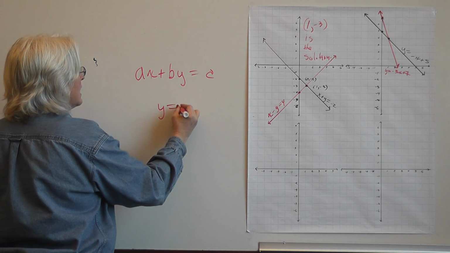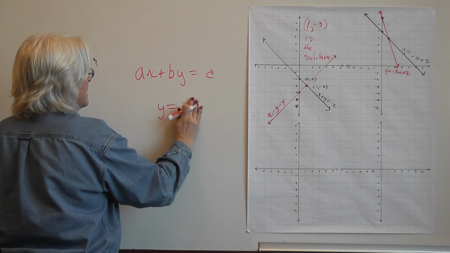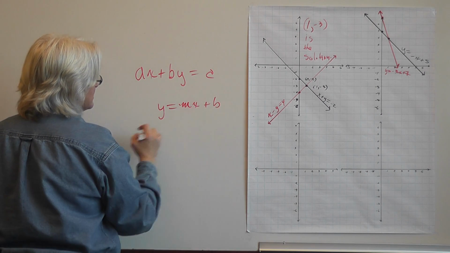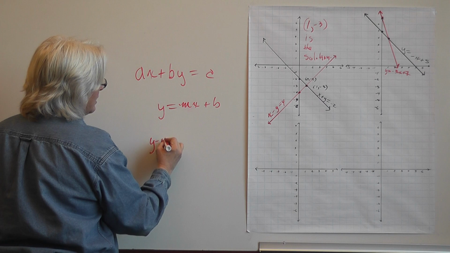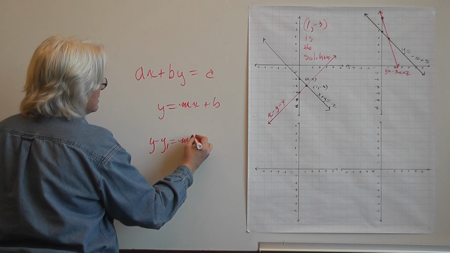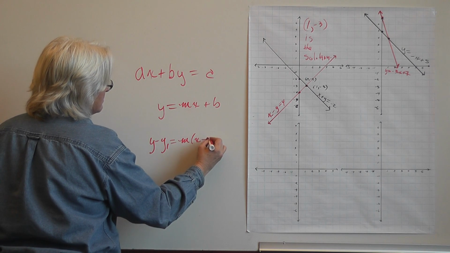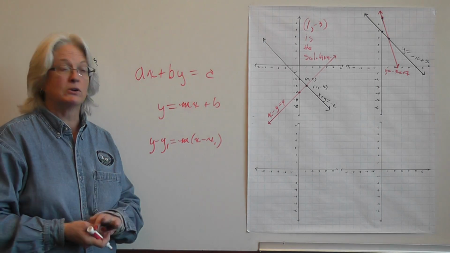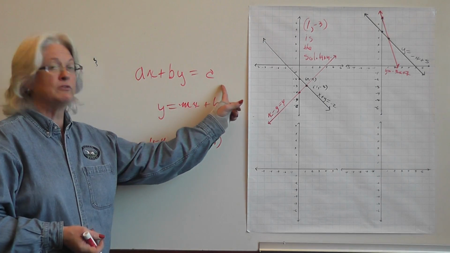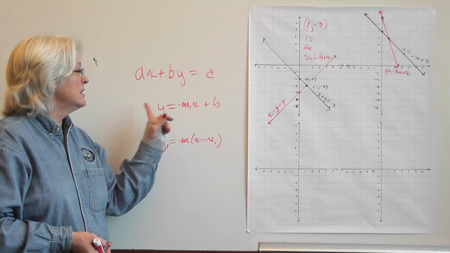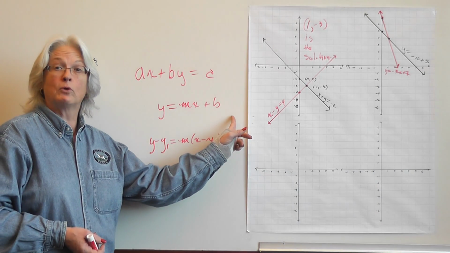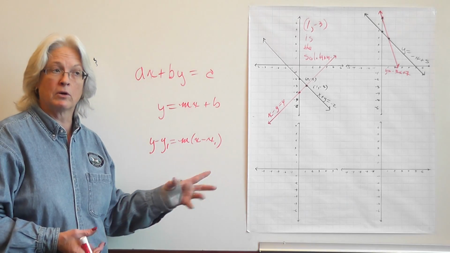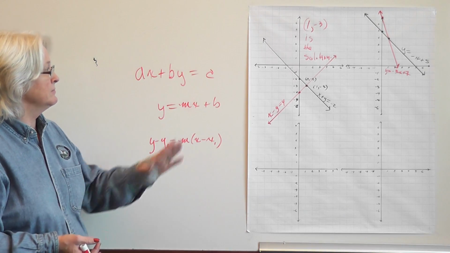You have y is equal to mx plus b, which is the slope-intercept form. You have y minus y sub 1 is m times x minus x sub 1. This is the point-slope form of the equation of a line.